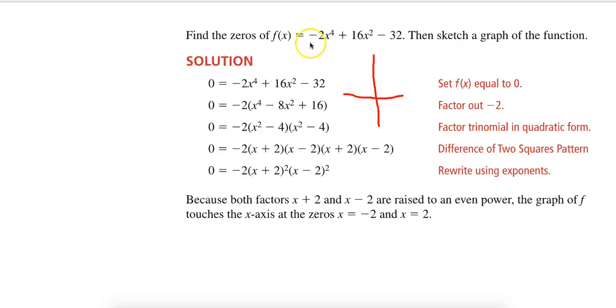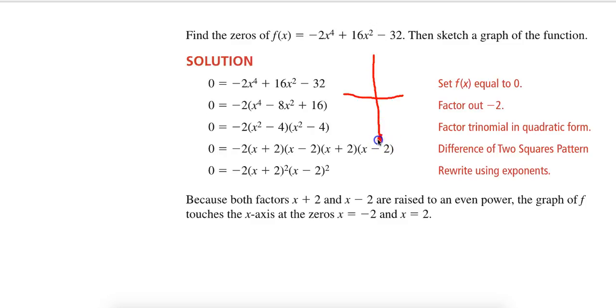So either both ends open upwards or both ends open downwards. And because our leading coefficient is negative, we know that our parabola-like graph is going to open downwards. We also know that if we plug 0 in for x, which gives our y-intercept, it's going to be negative 32. So this is a very rough sketch.